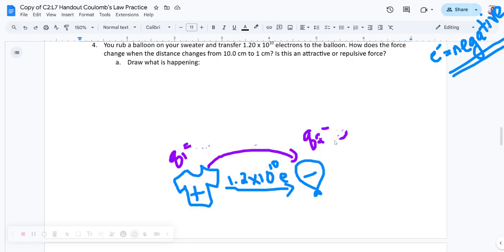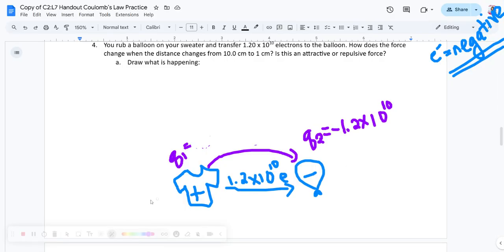Okay. So instead of moving over 5 electrons, we are going to move over 1.2 times 10 to the 10th electrons, which means that the balloon has now gained 1.2 times 10 to the 10th negative charges or negative electrons. So that means its charge suddenly is now 1.2 times 10 to the negative 10.